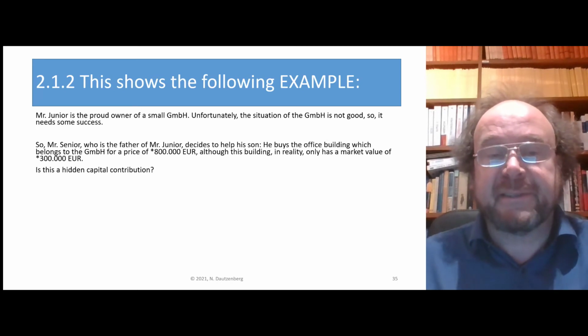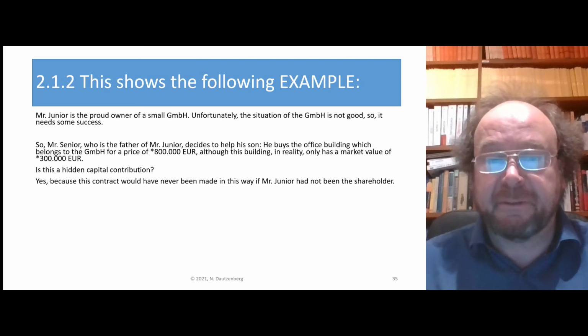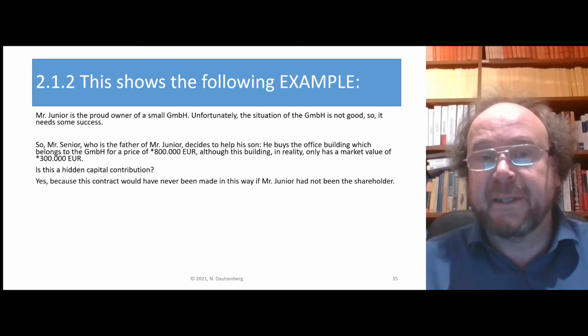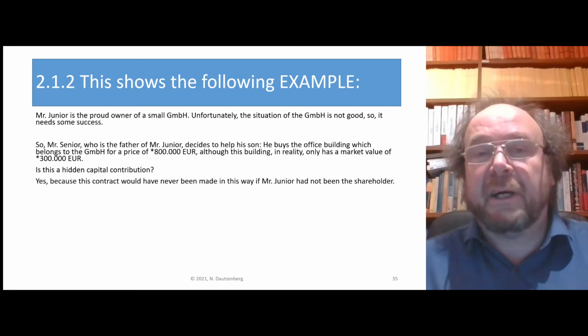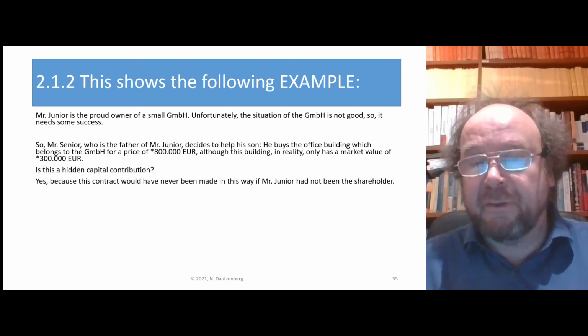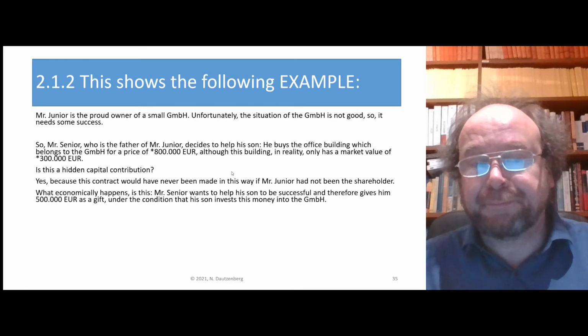So this poses a question. Is this a hidden capital contribution? And the answer is yes. Such a contract would never have been agreed upon by a normal business partner in this way if Mr. Junior had not been the shareholder.